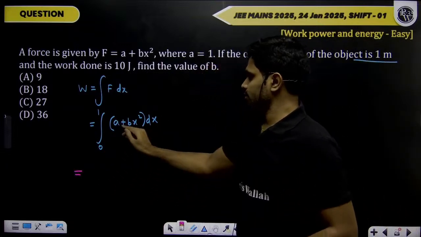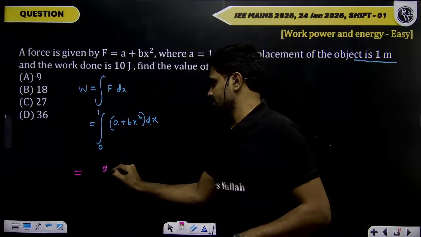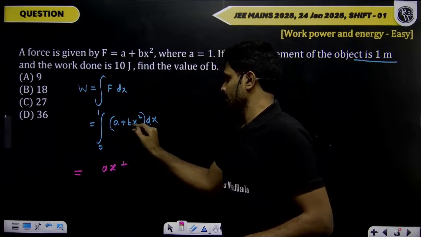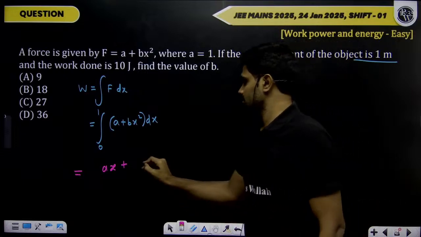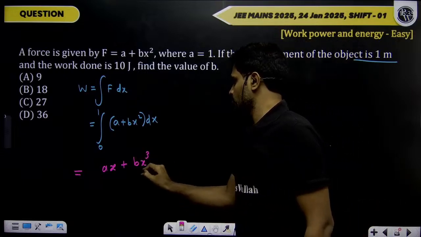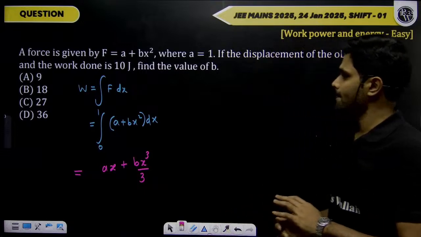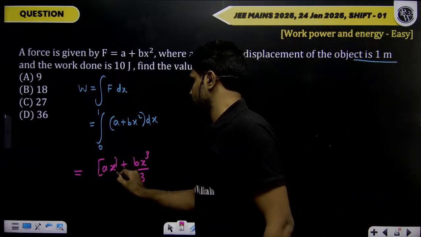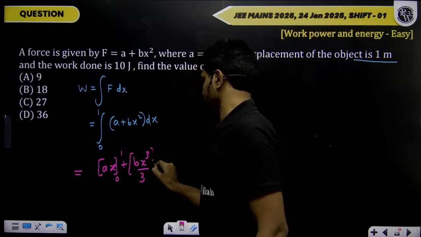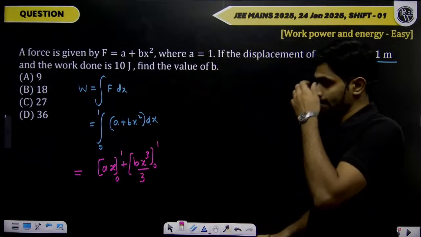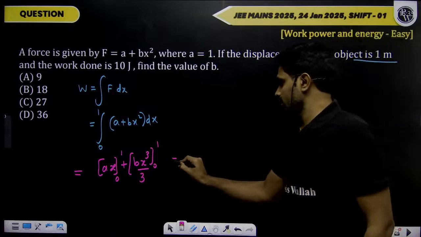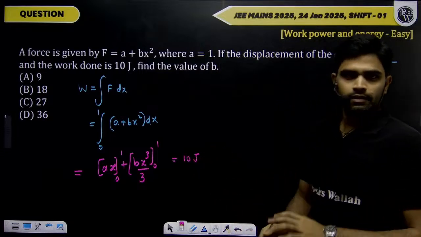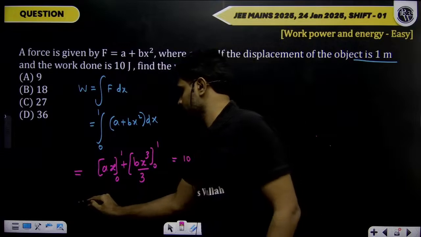Let us do this integration. First one, A dx integration is ax. Bx square integration is bx cube by 3. Right? We need to put the limits from 0 to 1. And they are saying this total work is 10 joules. Let us substitute the values.